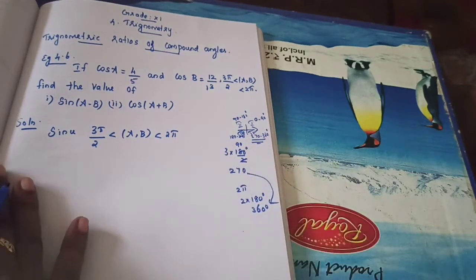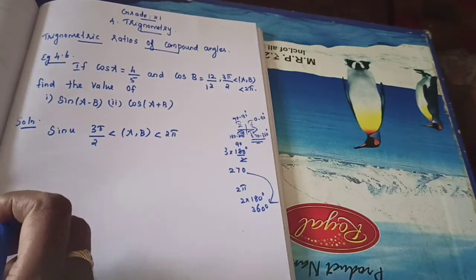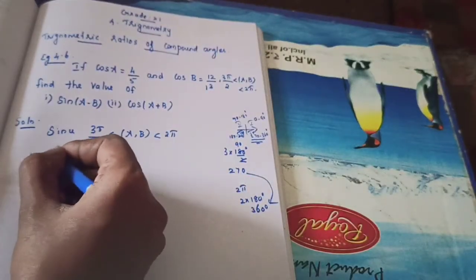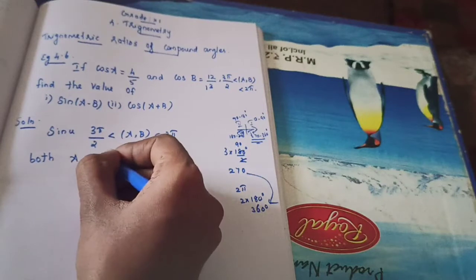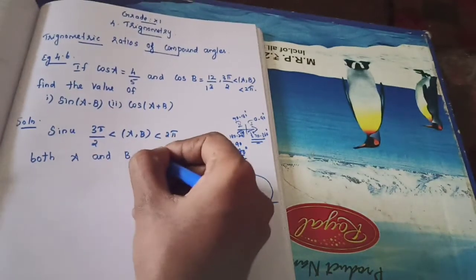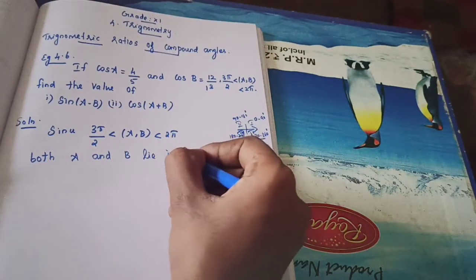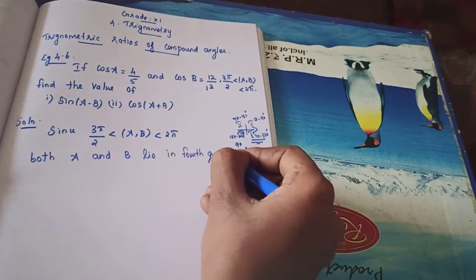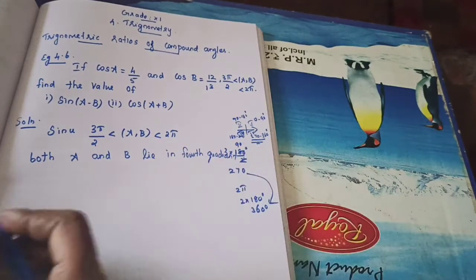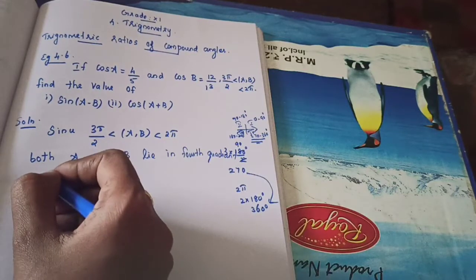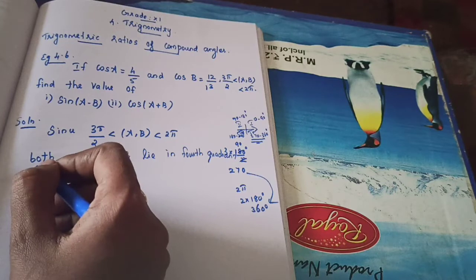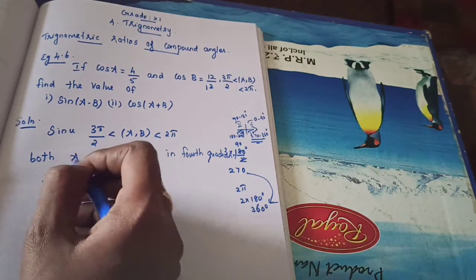So both A and B lie in the fourth quadrant. In the fourth quadrant, all silver T cups. So in the fourth quadrant cos alone and its reciprocal is positive.